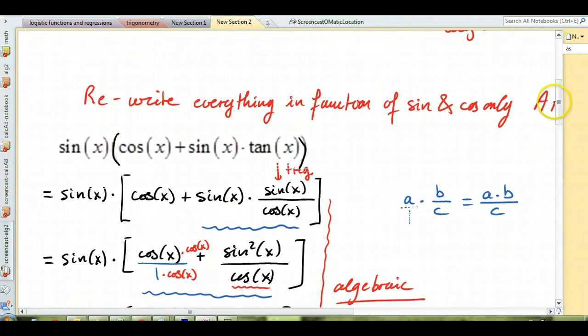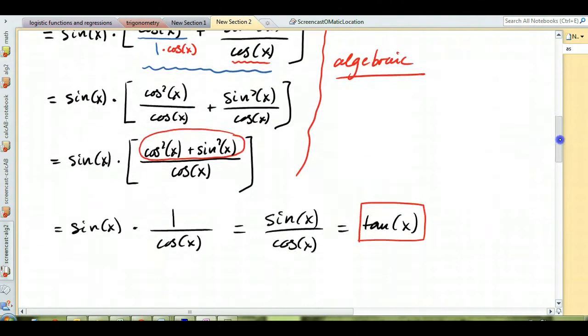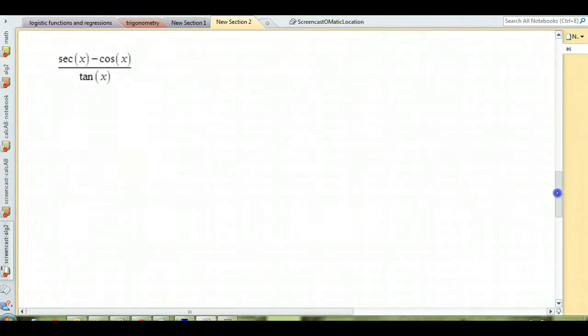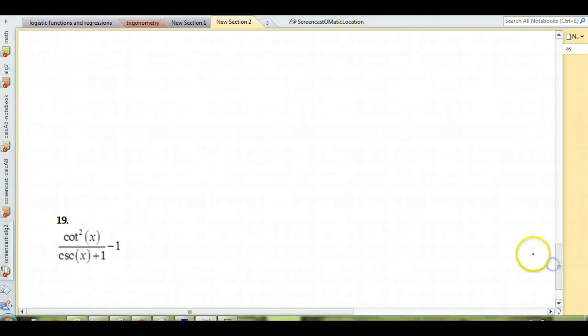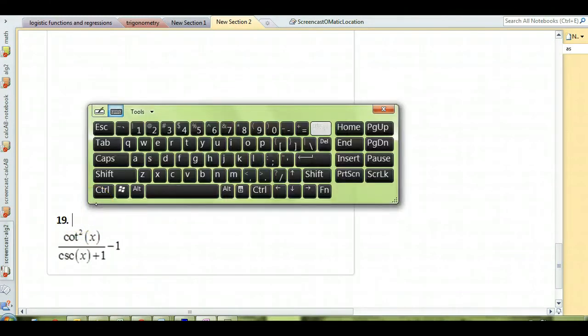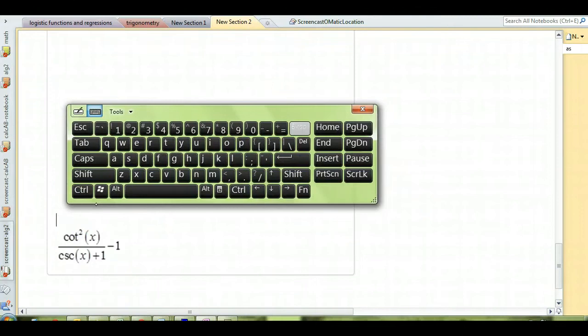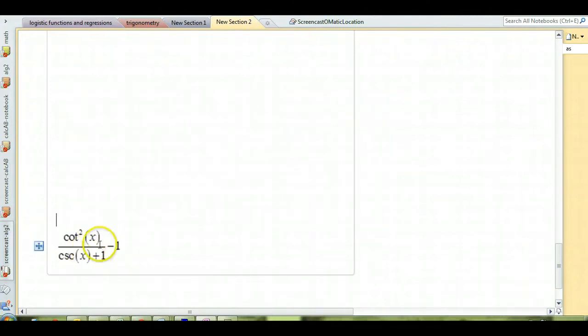I'll do another one if you want. Let me see. Should I do this one or this one? Actually, they're very similar here, right? Yeah, they're very similar. Or should I do this one? Let me get rid of this right here. Okay, here we go. I'll let you do this one.